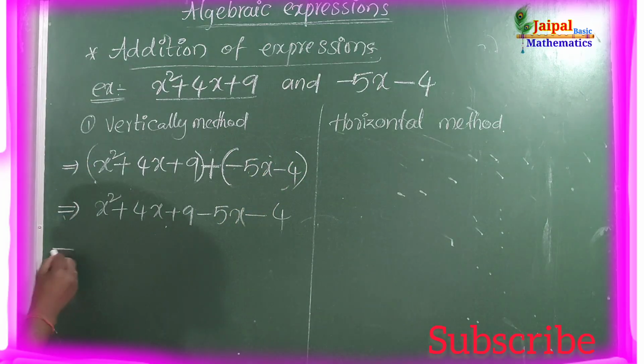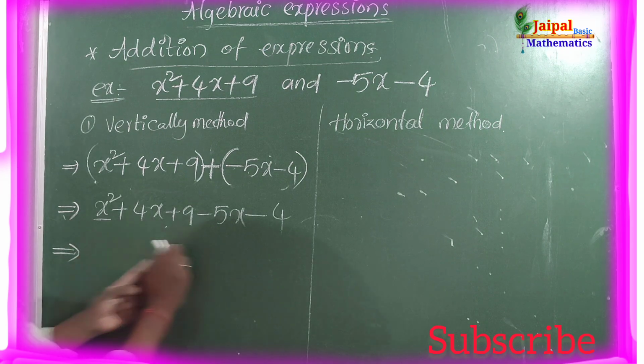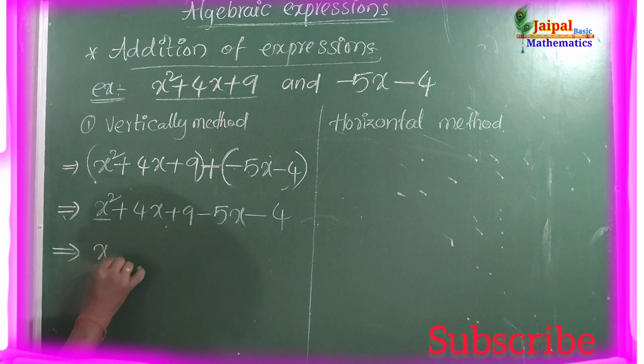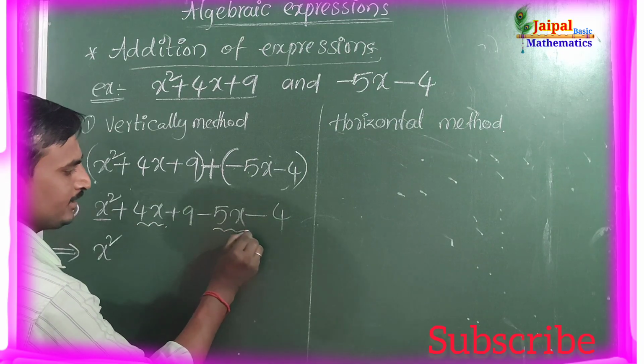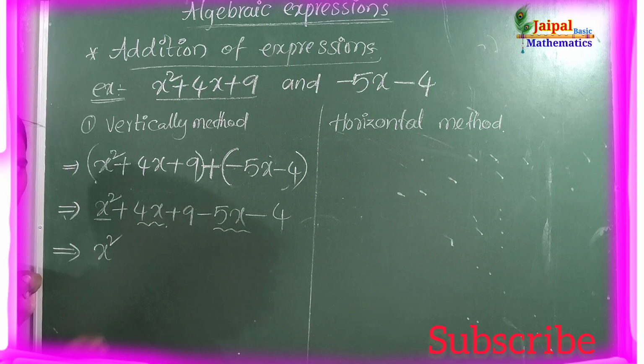So the next step: which are like terms there, do the addition or subtraction. The remaining terms write the same. Here there is no x square term anywhere, so x square is written the same. Okay? Very good. Next, 4x is one term and minus 5x is one term. These both are like terms.